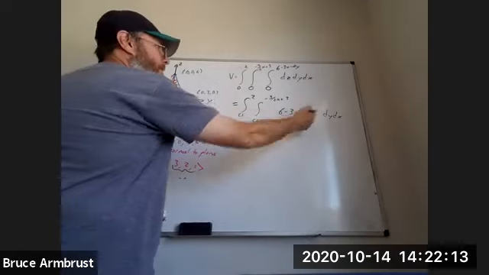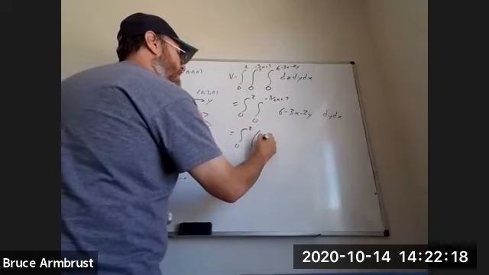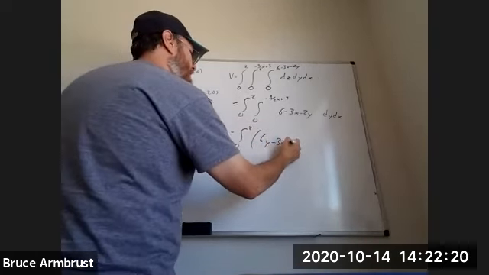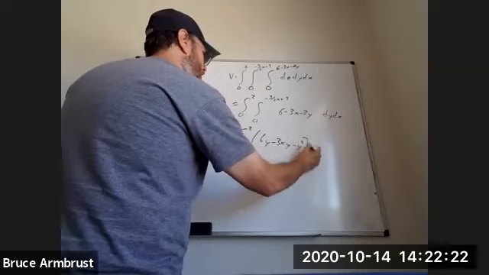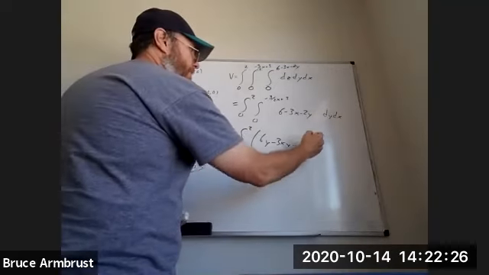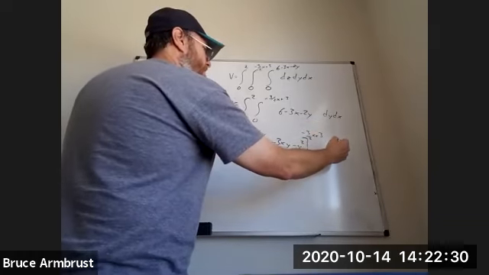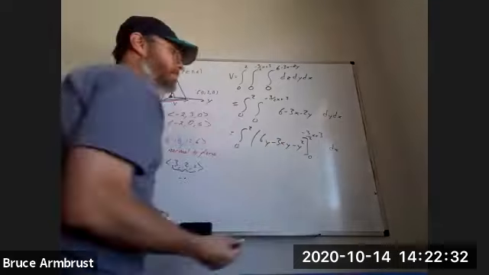Now we're going to integrate with respect to y. We get 6y minus 3xy minus y squared, and we evaluate that from 0 to minus 3/2 x plus 3.